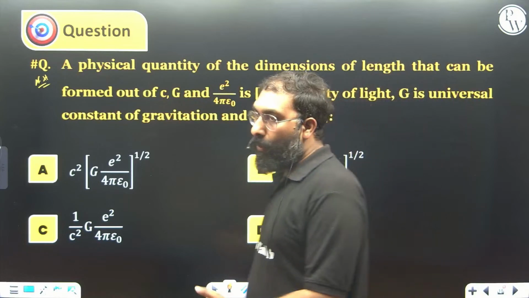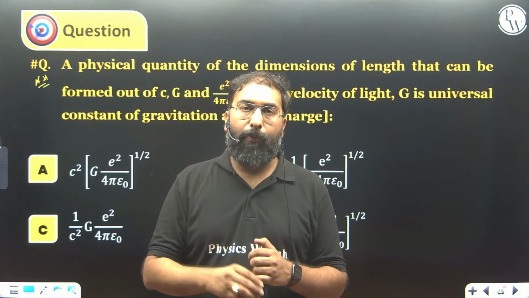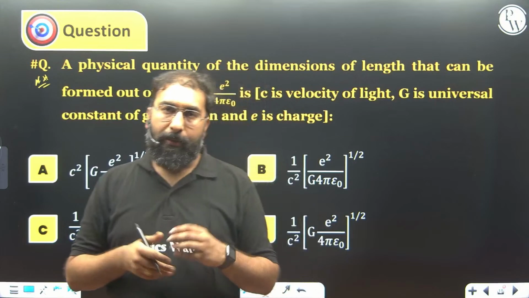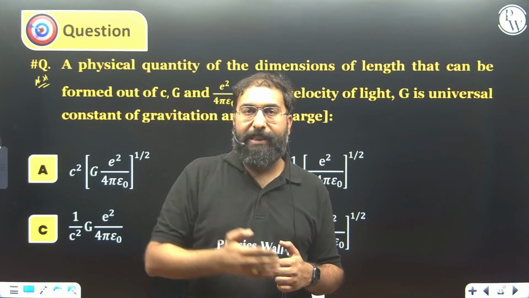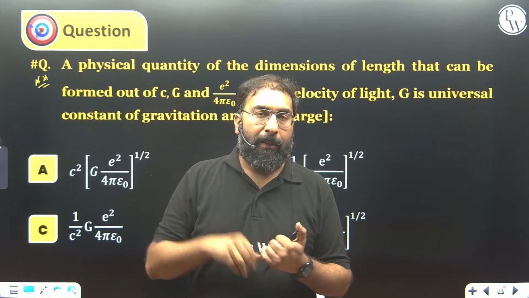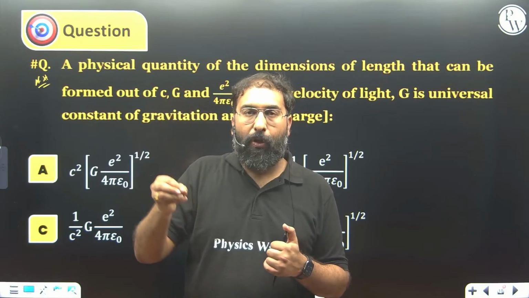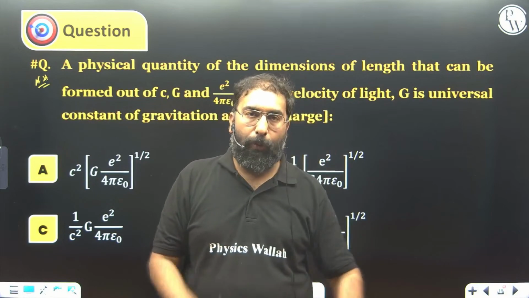So till now what we have seen is that we are writing the dimension formula of all physical quantities in terms of our fundamental quantities that we have decided. In the SI system we have those 7 fundamental quantities, and all the other remaining quantities are derived quantities. So we always try to write down the dimension of any physical quantity in terms of fundamental physical quantities.